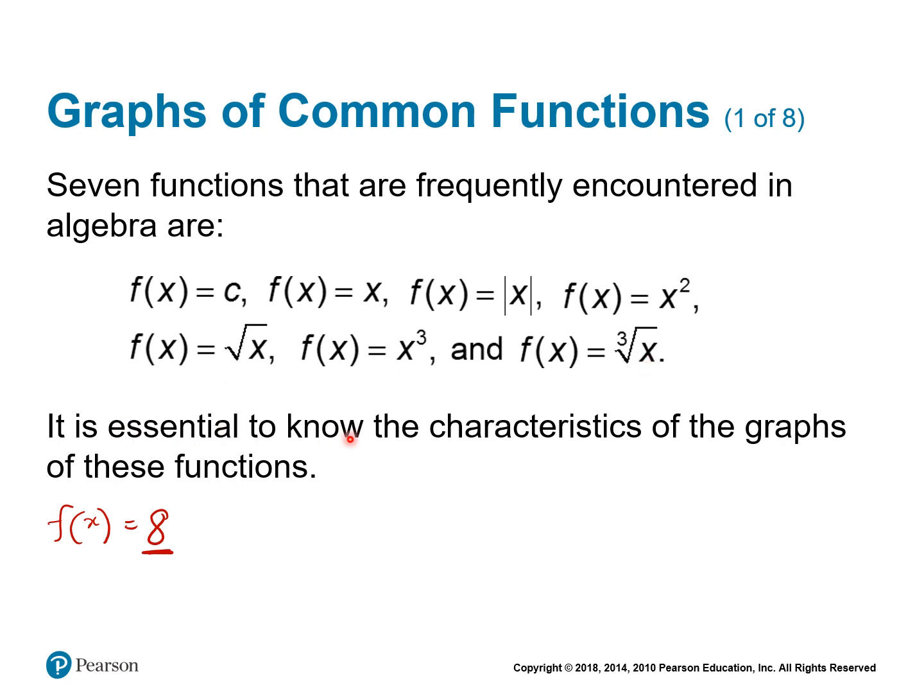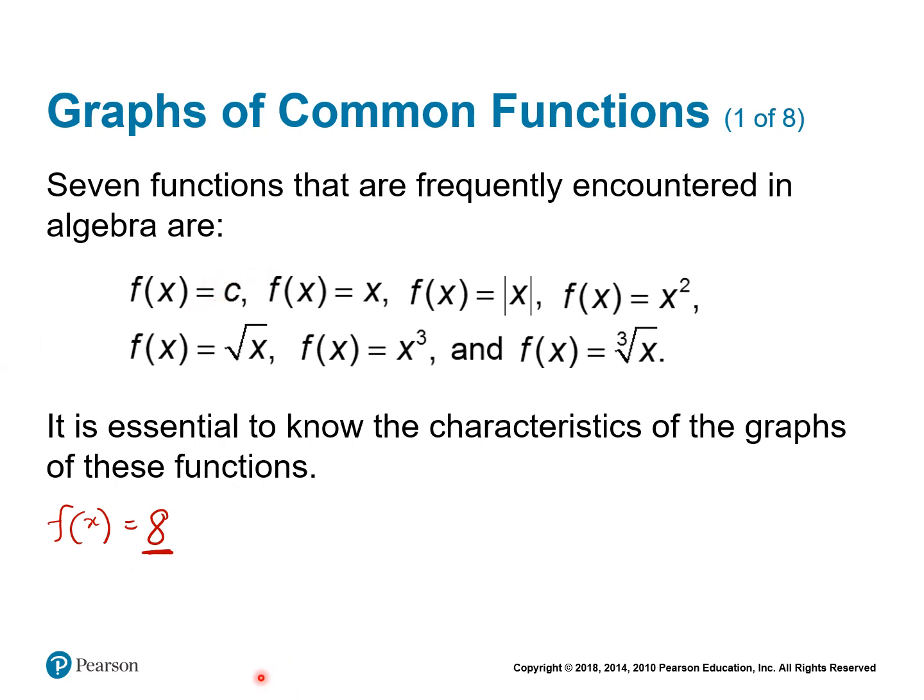Now it is essential to know the characteristics of the graphs of these functions. In the next few slides, we are going to go through the graphs of each of these functions, how they look. So when we look at the functions, we should be able to immediately picture in our mind what the corresponding graph, the shape of the graph, is going to be.